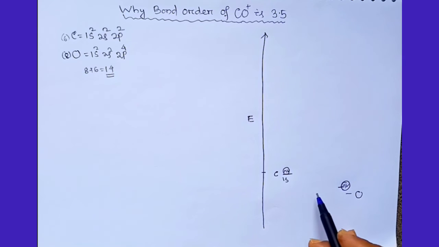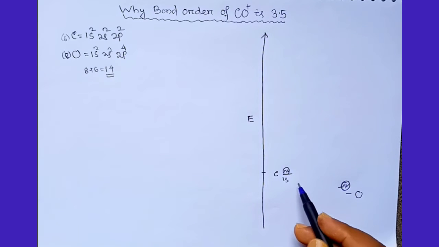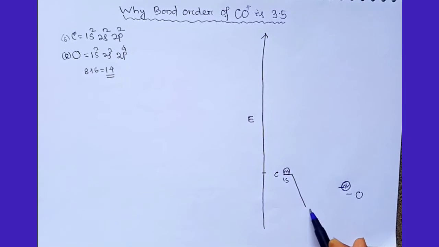When molecular orbitals are formed by the combination of atomic orbitals, the bonding molecular orbital's energy will be lower than the corresponding atomic orbitals. So let's draw the molecular orbital. This is the sigma bonding molecular orbital, sigma 1s2. You see this molecular orbital is closer to oxygen than carbon. And the anti-bonding molecular orbital we put here, sigma star 1s2.